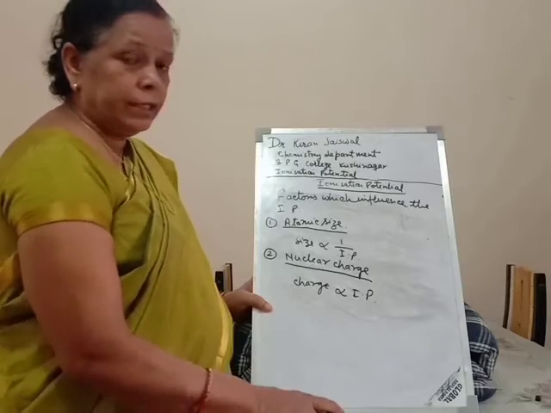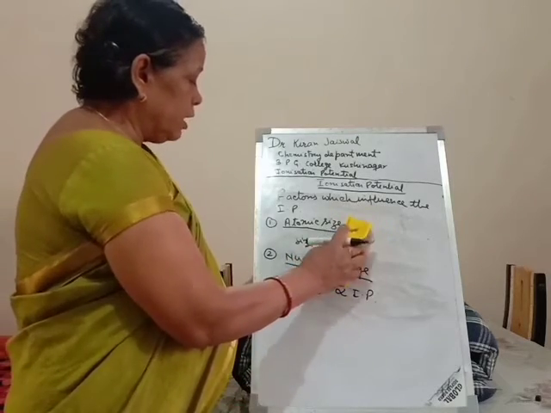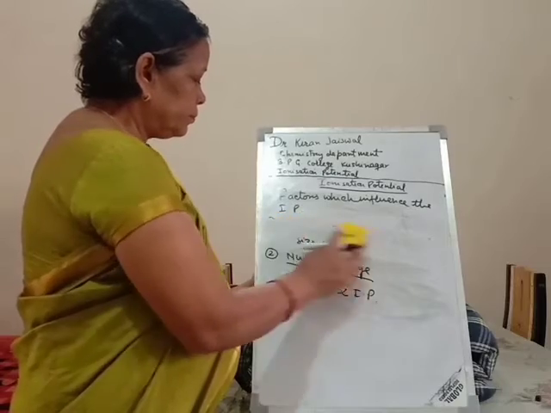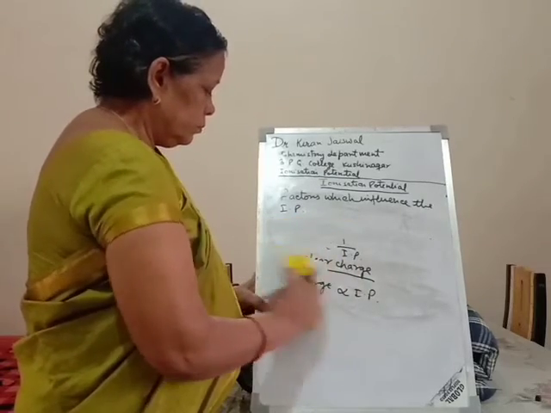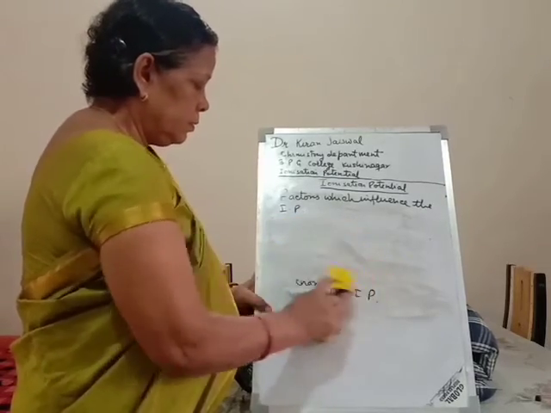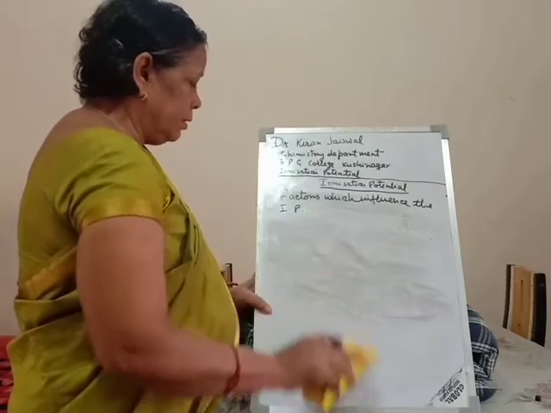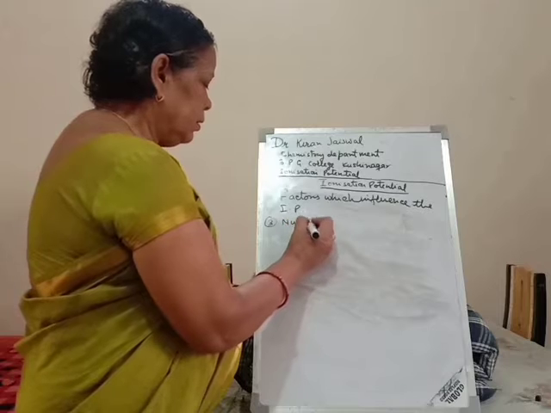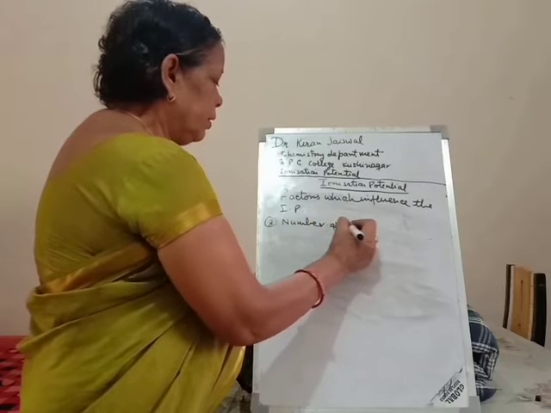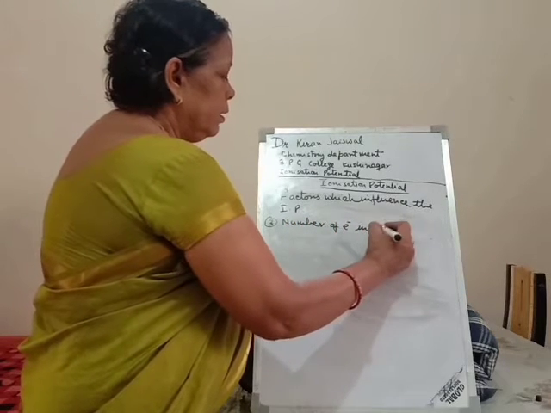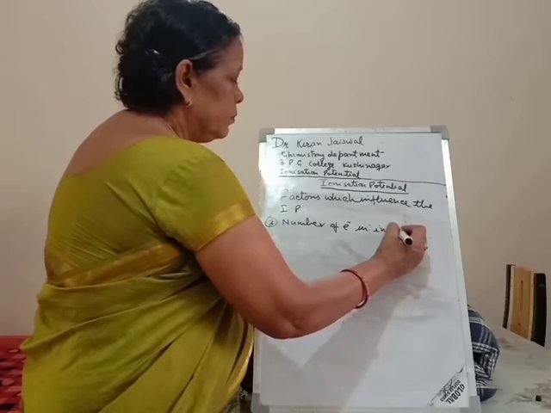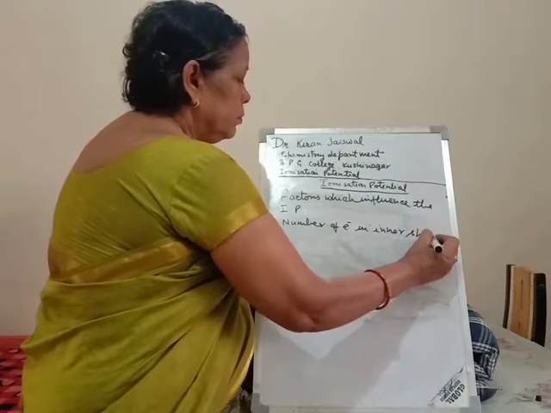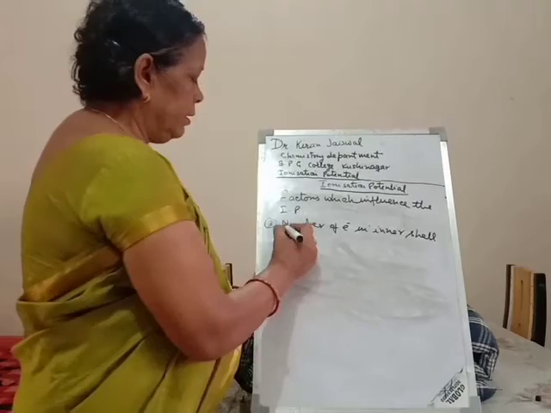The third point is the number of electrons in the inner shell.